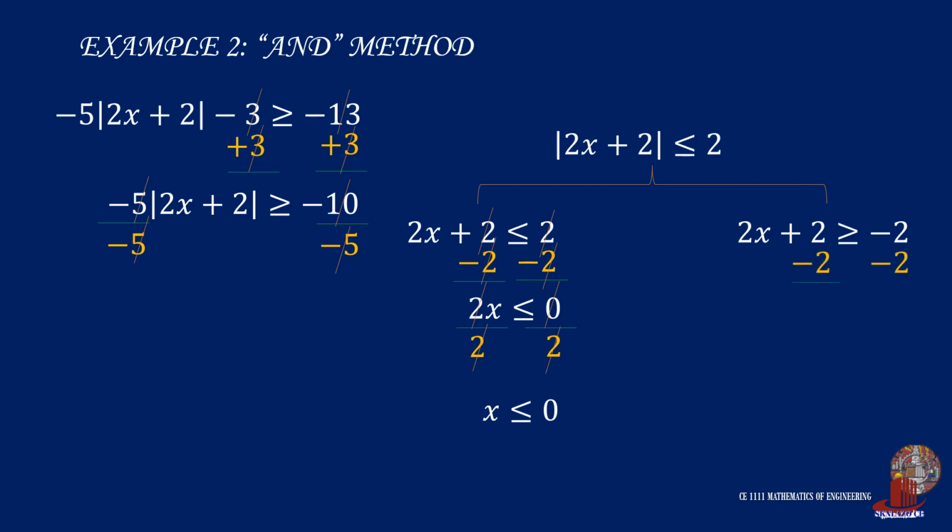From the opposite inequality, do the same by taking away 2 to have 2x is greater than or equal to negative 4, and divide them by 2 to get x is greater than or equal to negative 2. These are the two values of x. Thus we have x is less than or equal to 0 and x is greater than or equal to negative 2.